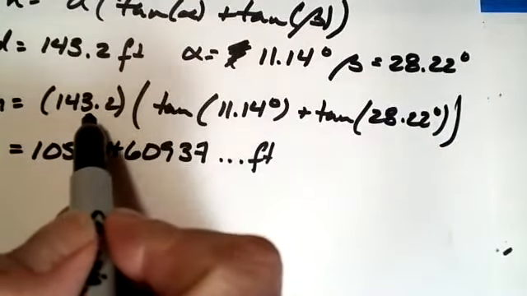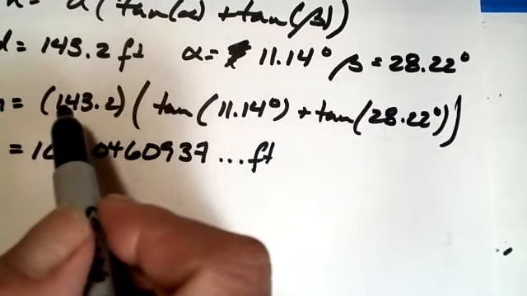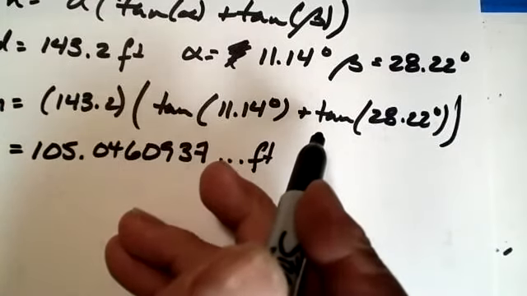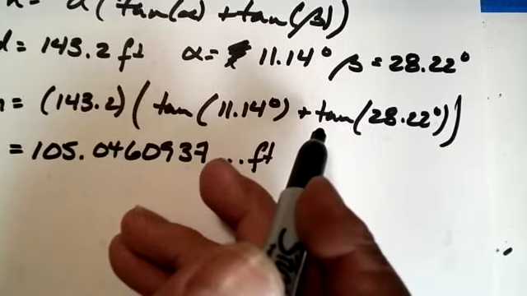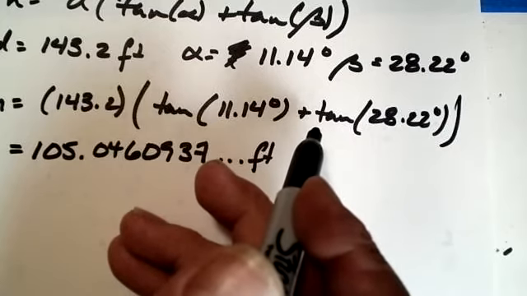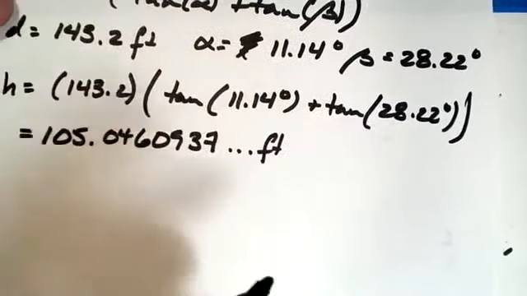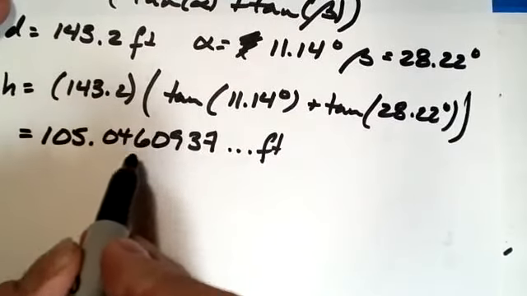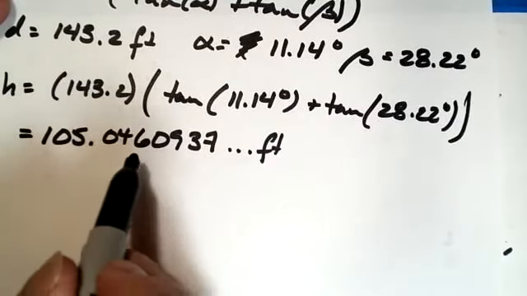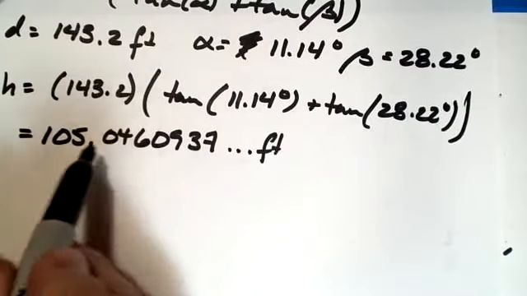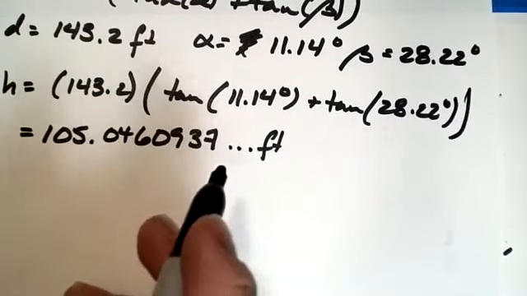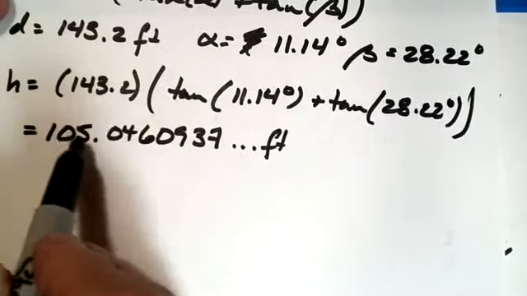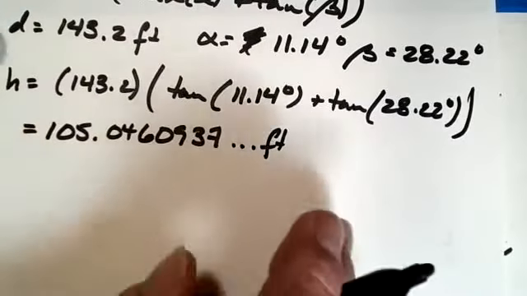And this number out here has 4. So I've got something that's 4 times 4. So the result should have 4 digits of significance, right? I know that this is very, very close to the round off, and for whatever reason, and I've said this before, people want to round this to 105.05 or 105.046.